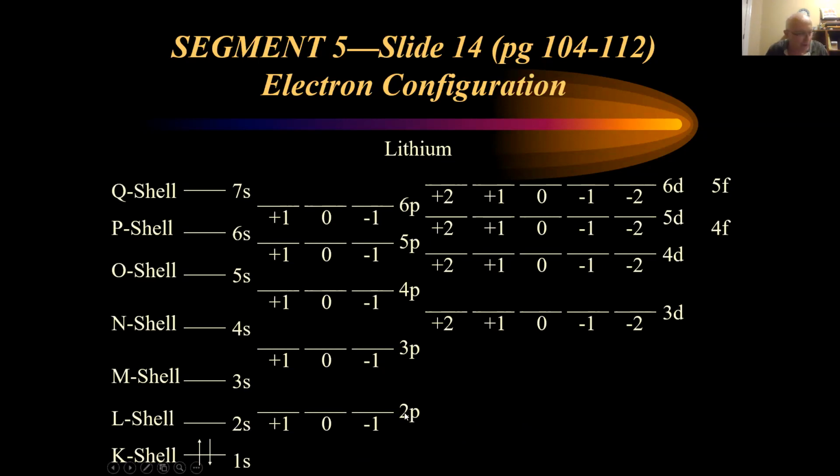N is 2 here, but L is 1. 2 plus 1 is 3. So N plus L is greater for this orbital than for this orbital. So these 3 are all going to be higher in energy than this one. So there's no question the next electron is going to go here.